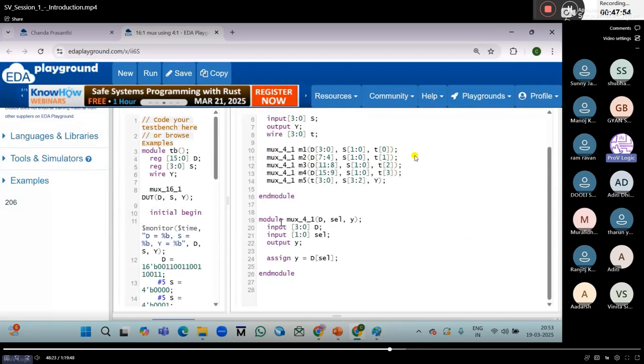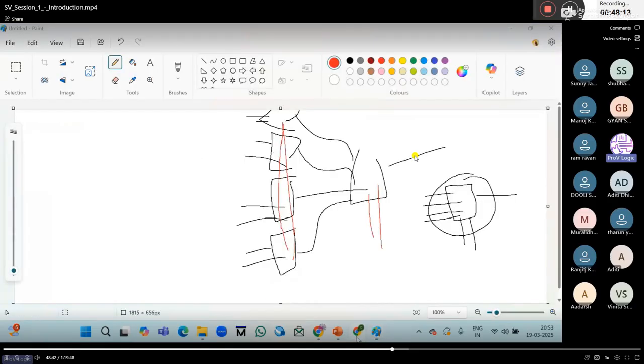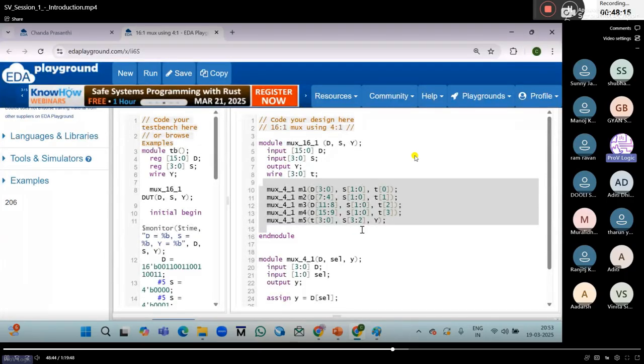First of all, we design a 4:1 multiplexer. This is the design code. It is very simple to write the multiplexer program: assign y equal to d of select. We take 4 copies, plus 1, so 5 muxes are there, and we make the connections.